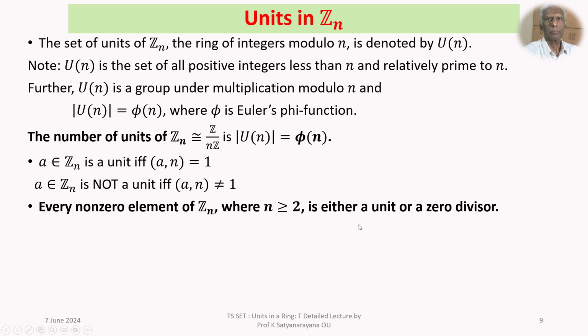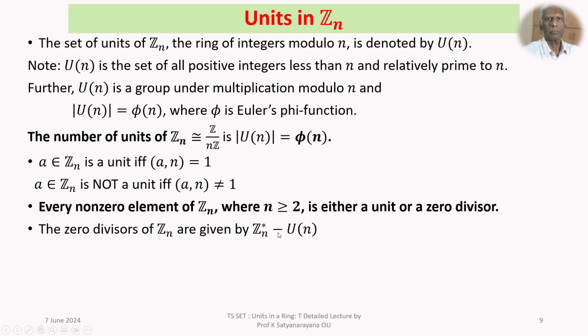If you use this fact, you can also count how many zero divisors are there. The zero divisors of Zn are given by Zn star minus the set of units. Zn star means non-zero elements of Zn, because zero divisors are non-zero elements.